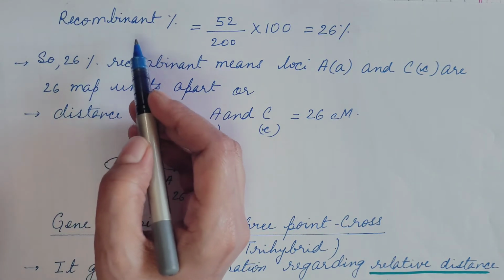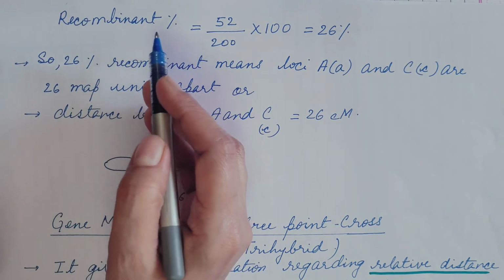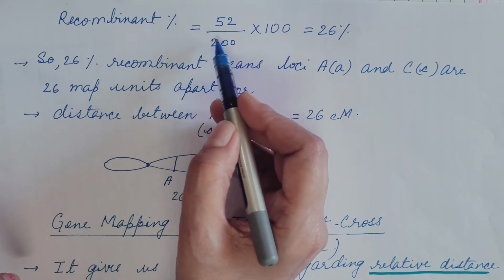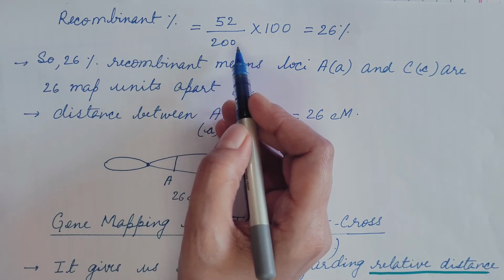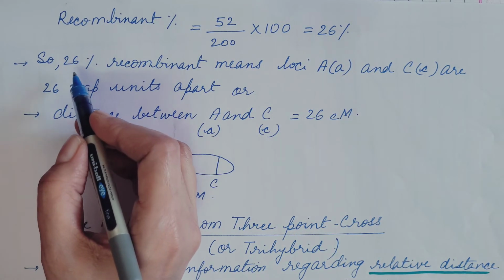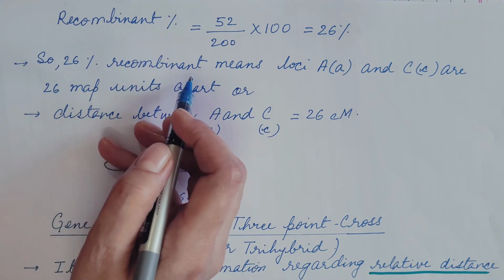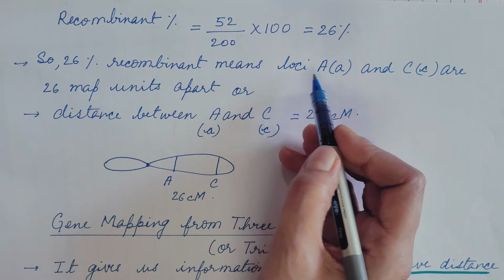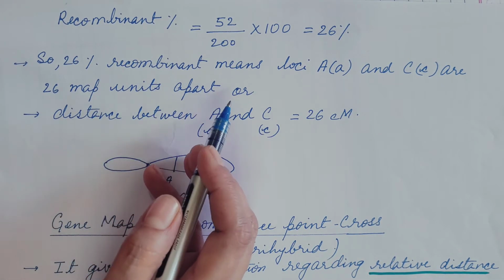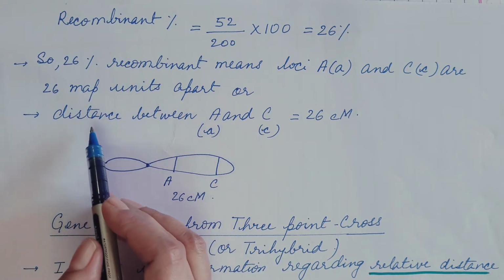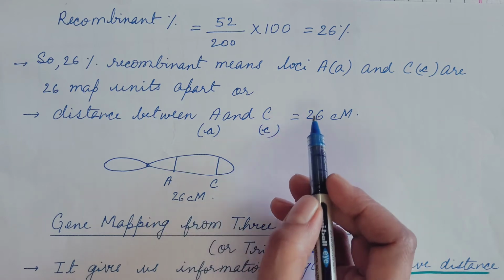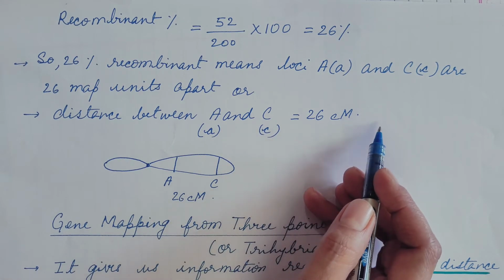Then we calculate the percentage of recombinants: 52, the total number of recombinants, divided by 200, the total number of offspring, times 100. This gives 26%. So 26% recombinant means loci A and C are 26 map units apart, or we can say the distance between A and C is equal to 26 centimorgan.